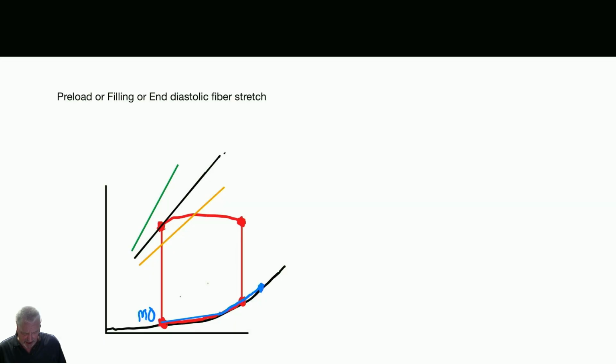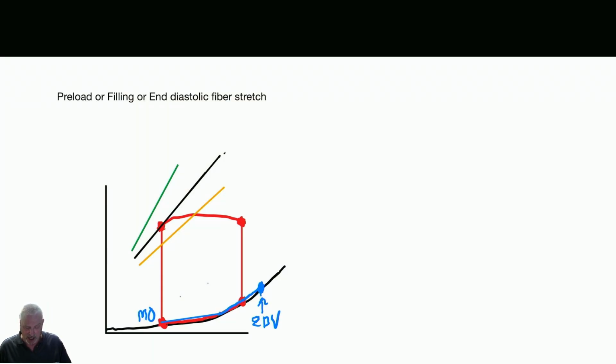But now we're assuming that we get an increase in filling because we had an increase in venous return or a stronger atrial kick or something, which means that our end diastolic volume, which is another way of thinking about preload, is higher than it used to be. We've moved farther to the right on the diastolic filling curve.